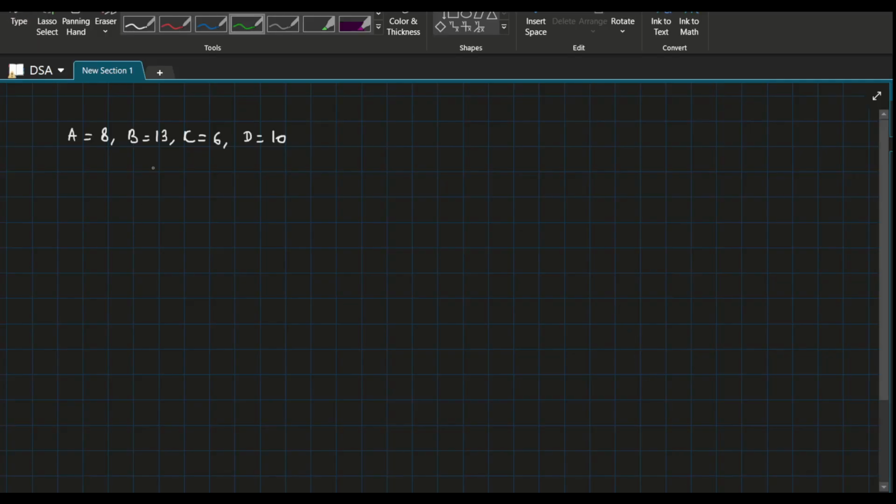We are given a carpet of size 8 into 13, so the carpet should look like this. The length is 8, and this length is 13. So this is our A and this is our B. And we are given a box of size 6 into 10.